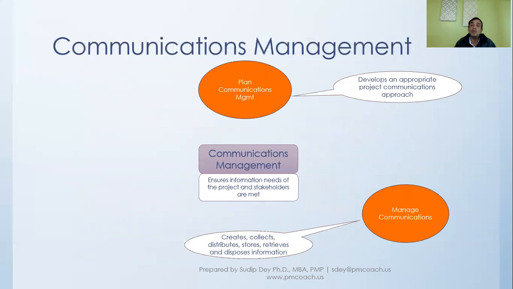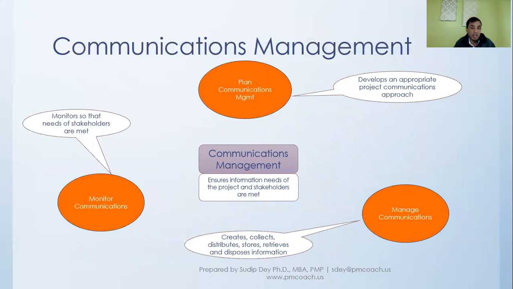And that is what we are going to do in the manage communications process. And then finally, in monitor communications, we want to ensure that our stakeholders are getting the right kind of communication, and we'll monitor that we are moving according to the plan.